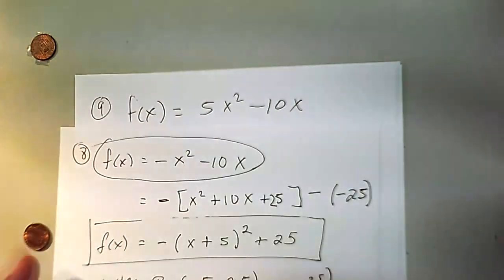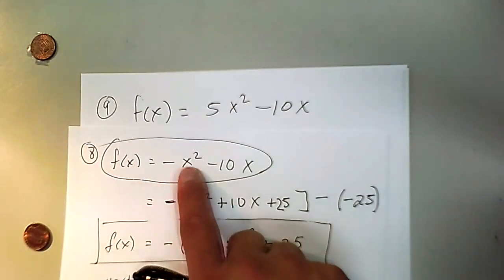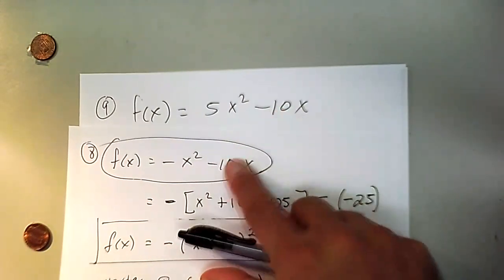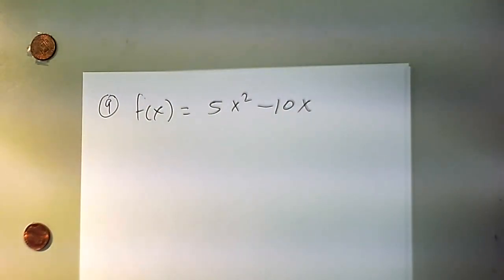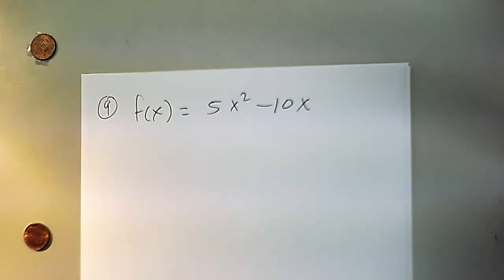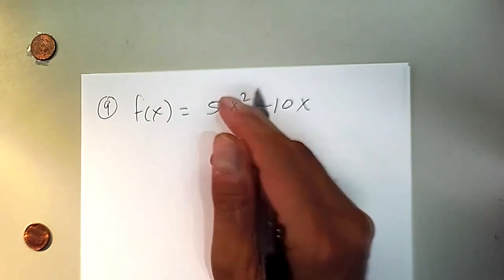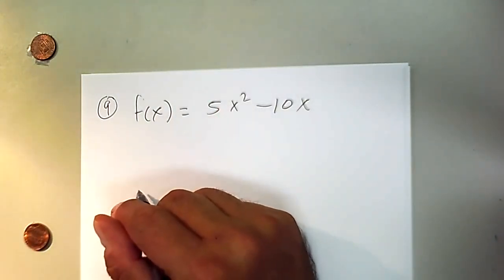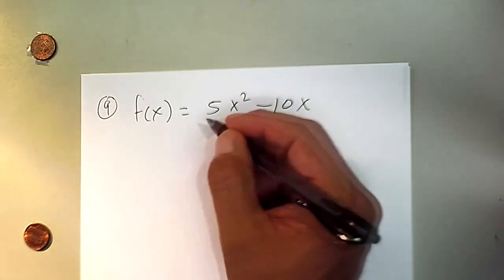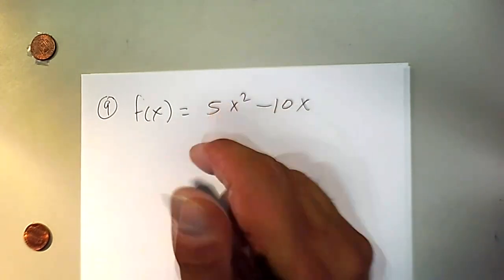In example 8, we have a negative in front of the x squared, but we still have the same negative 10x. Okay, so what do we do with this? Factor the 5. Just like in example 8, where we factored the negative, factor the 5.